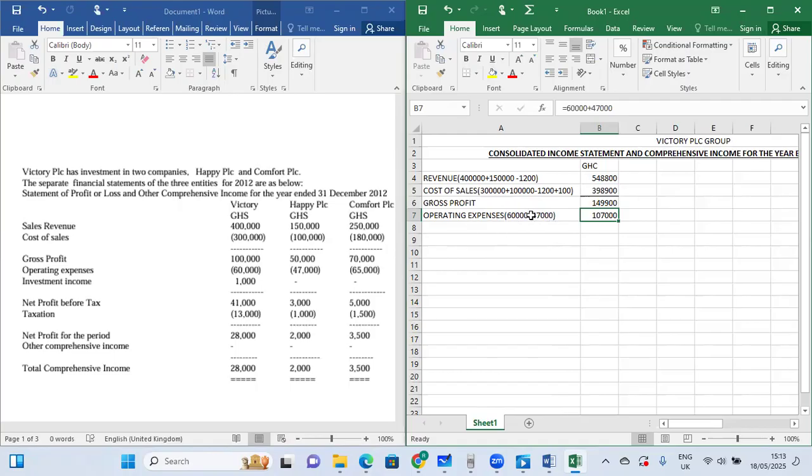But sometimes they are presented separately. So I'll do it this way and then subtract it here. So equal to this minus this, right? Then I'll bring in the impairment loss.